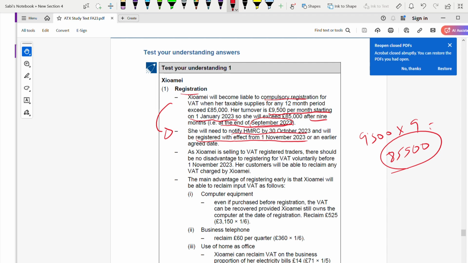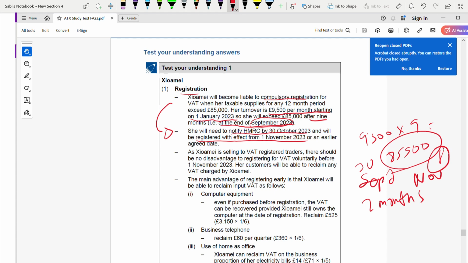It was exceeding in September, 30th September. So the first day of the second month. From September, October, November is the second month, and the 1st of November. That's how you decide the date.